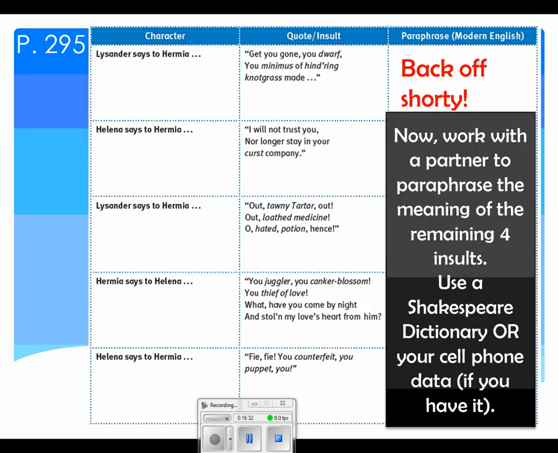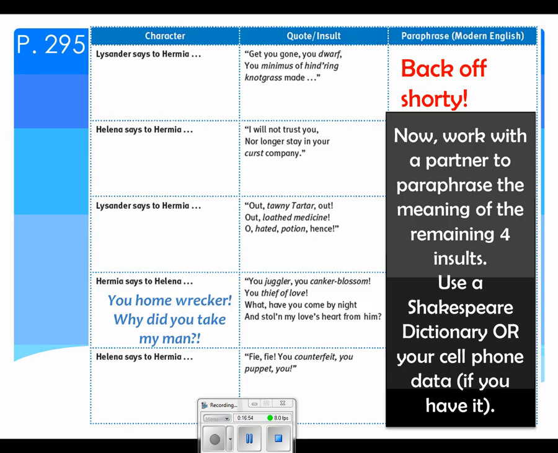4th insult. Hermia is insulting Helena. So again, you've got a girl insulting another girl. You juggler, you canker blossom, you thief of love. What? Have you come by night and stolen my love's heart from him? What's she saying? You're a homewrecker. Why'd you take my man?